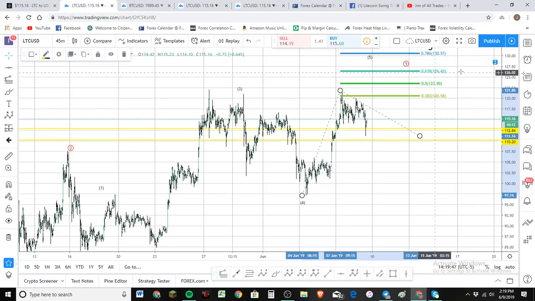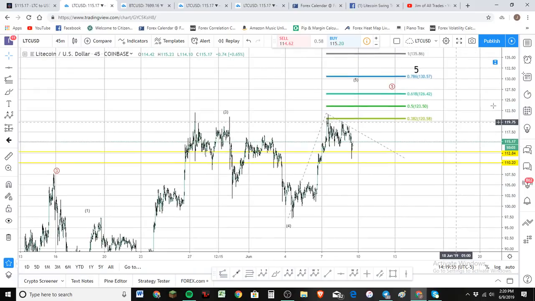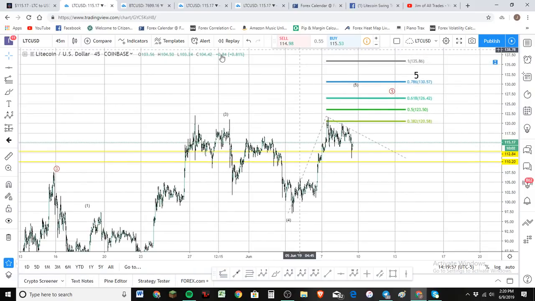My 127 target is still intact, and it's looking perfect to hit 127. So 127 is my initial target. Okay. Then 127, you can look in previous videos where I got that, but 127 is still in play, and that's what I'm eyeballing here.